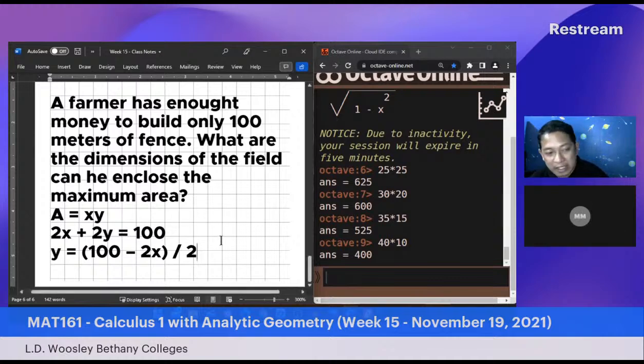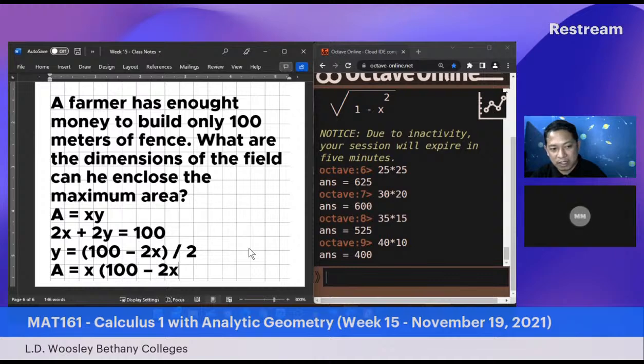But based on calculus, we could do that. So therefore, eliminating y by substituting the value of y here, area now would be equal to x times 100 minus 2x divided by 2. So we could make use of our Octave here to solve. So the derivative of x times 100 minus 2x.